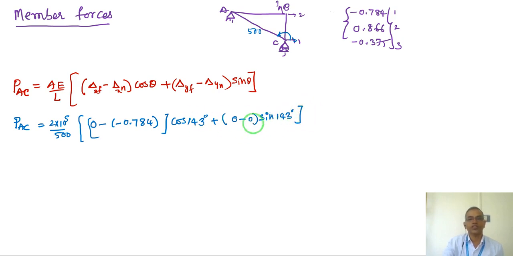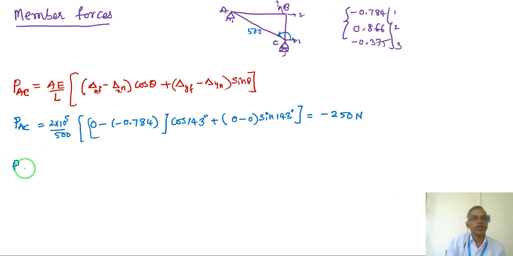Cos 143 is negative value, so minus times minus gives plus, and total we are going to get minus 250 Newton.